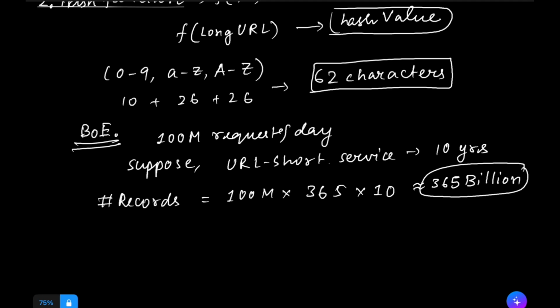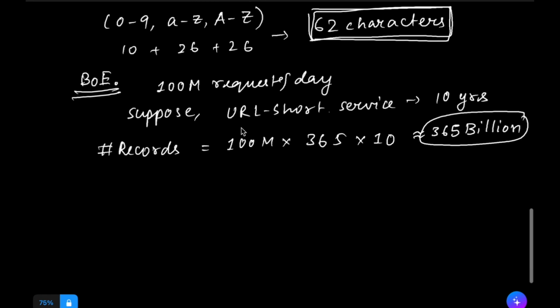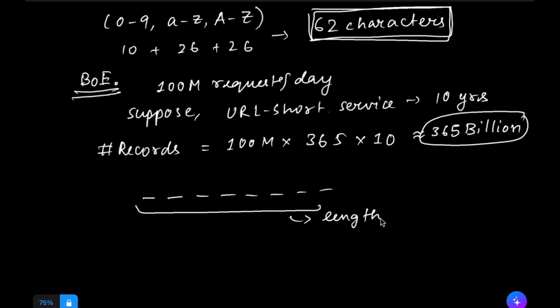Right? So we have 62 characters, and what should be the length? How can we decide the length depending on the 62 characters so that it fits the 365 billion records? Suppose these are the characters, and what should be this length, 62 to the power n should be greater than 365 billion.